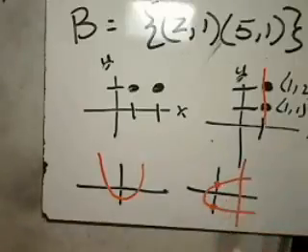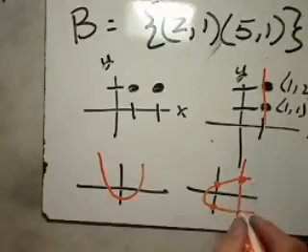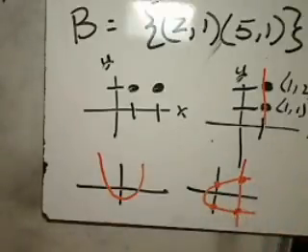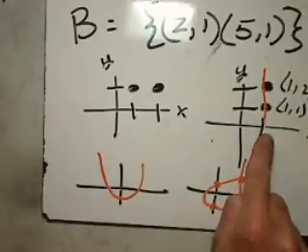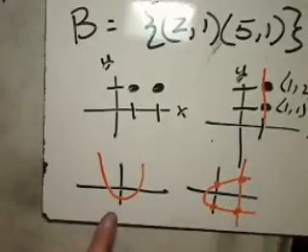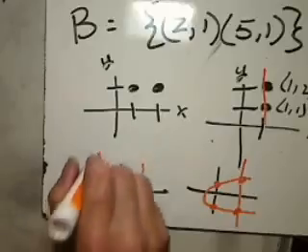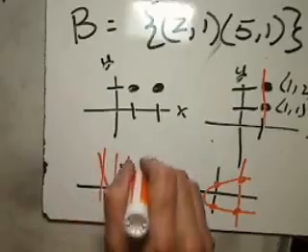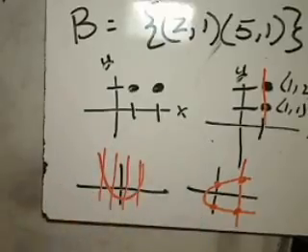Or a vertical line would cross my function in more than one spot, here or here. So this is a function. Why? Because vertical lines would only cross my function in one spot. This is not a function, and if it fails one time, it's just not a function. That is the basic definition of a function. I hope that helps.